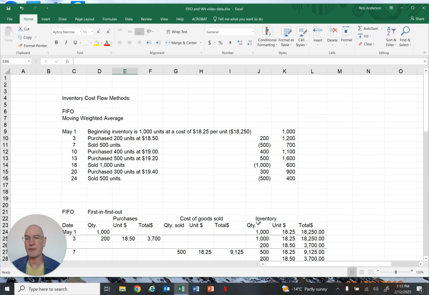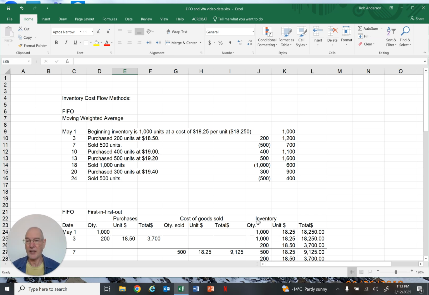Now the moving weighted average method comes from the weighted average method, except if we're using the perpetual inventory system, there is a recalculation of the weighted average every time you buy new merchandise. So that makes it a moving weighted average.